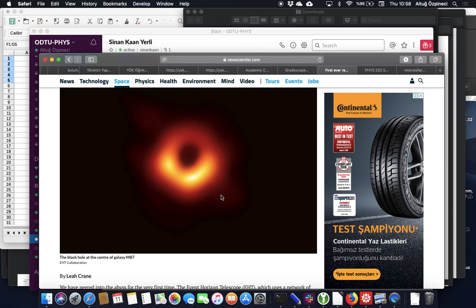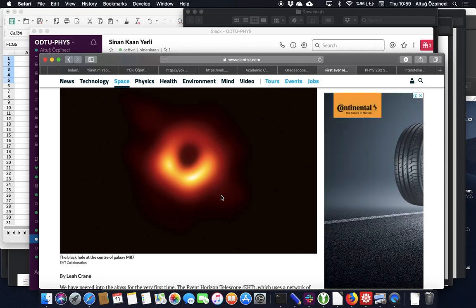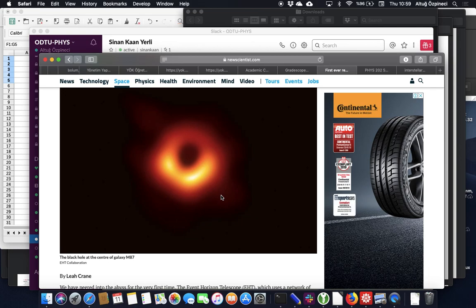But as I said, if we were able to look at it from that side, if, let's say, we were looking from here, this is the black hole. If this were the accretion disk, then we would probably see it completely symmetrical and no line in between, because the accretion disk isn't oriented like this. It is slightly tilted.